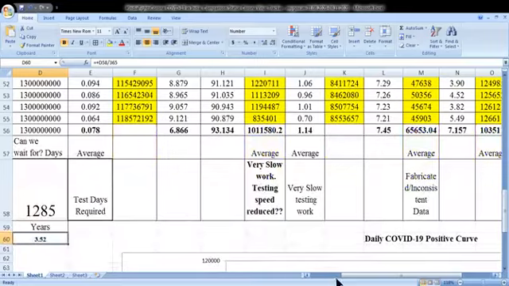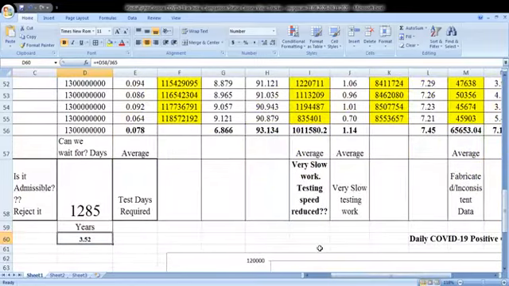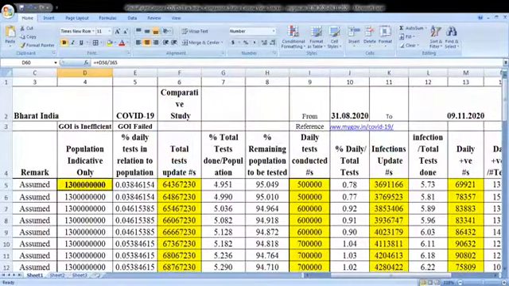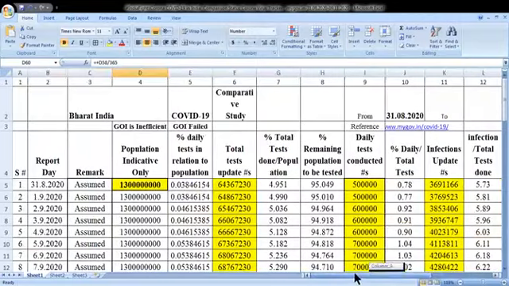And is that practical? My question is, I can understand that according to assessment, maybe about 10 to 15 crore people have already been infected, not according to this data, but according to assessment.